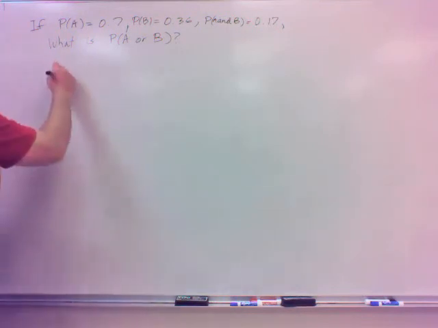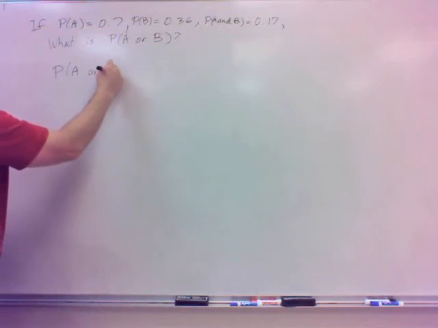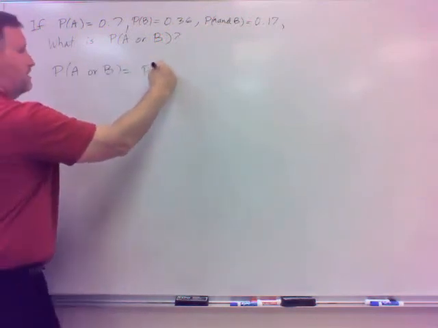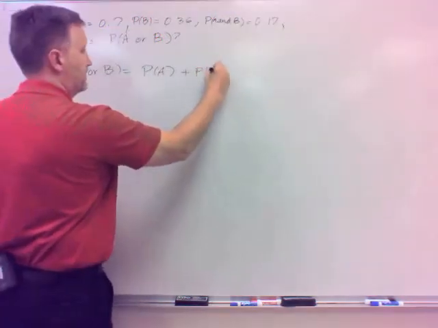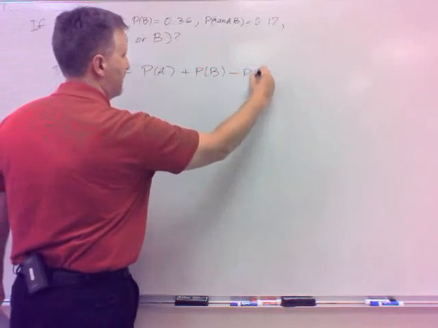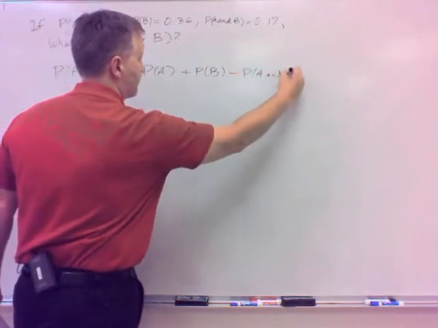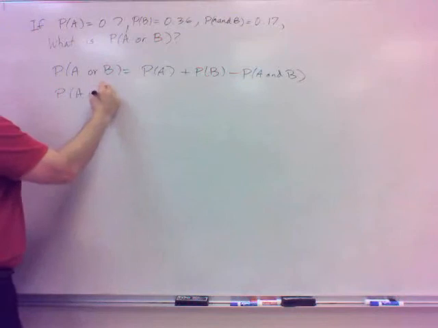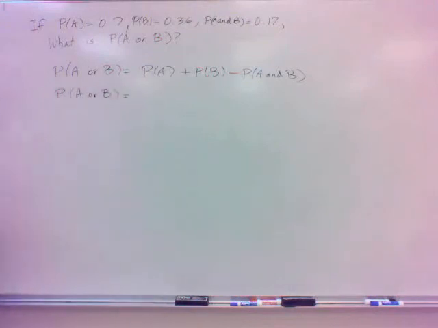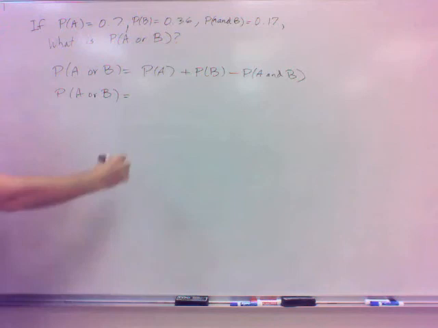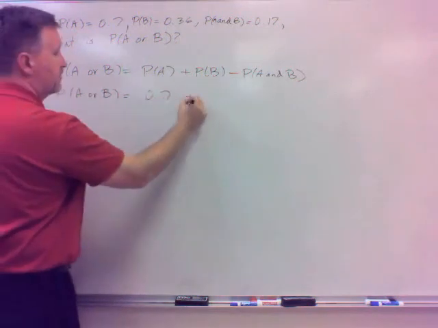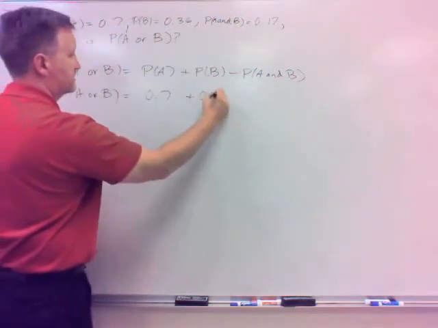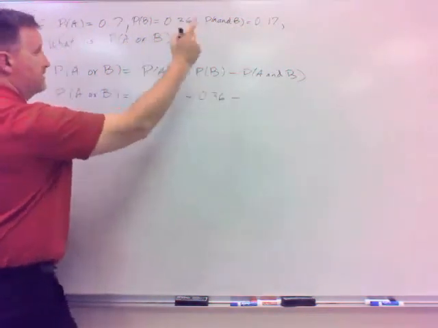The probability of A or B equals the probability of A plus the probability of B minus the probability of A and B. So the probability of A is 0.7, the probability of B is 0.36, and the probability of A and B is 0.17.